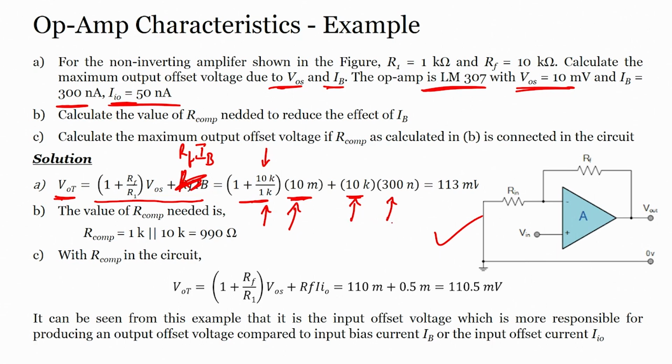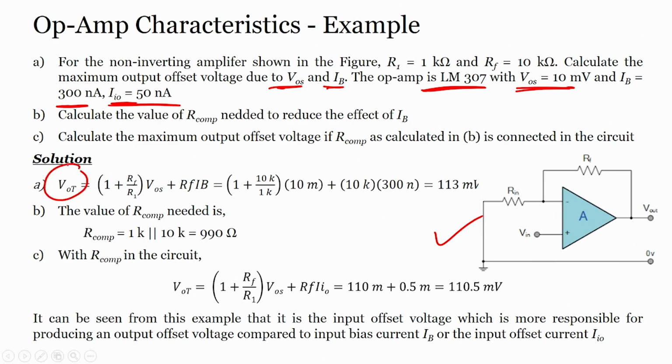What is IB? IB is nothing but 300 nanoamperes. So, what will be my answer? My answer would be 113 millivolts. Very easy, we just substitute the values of RF, IB, RF and R1 to obtain the value of VOT.